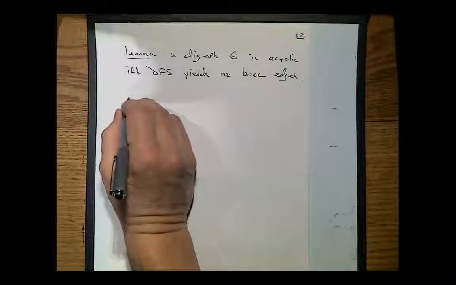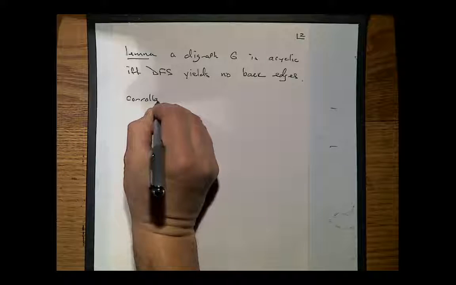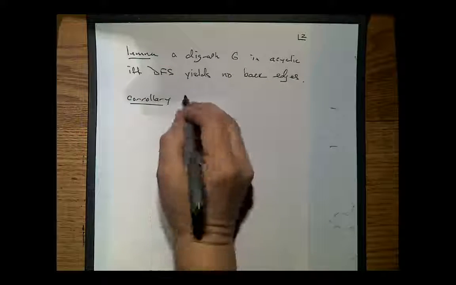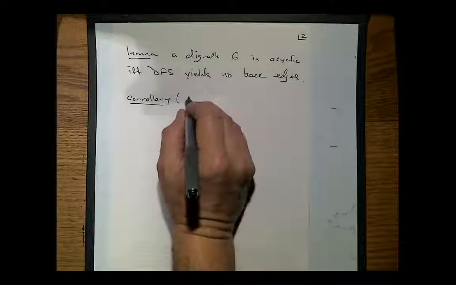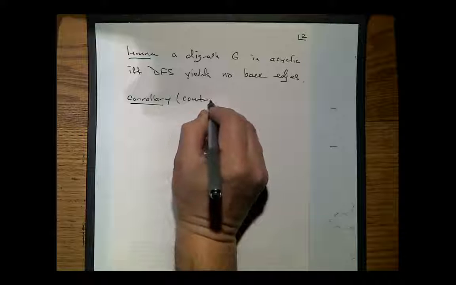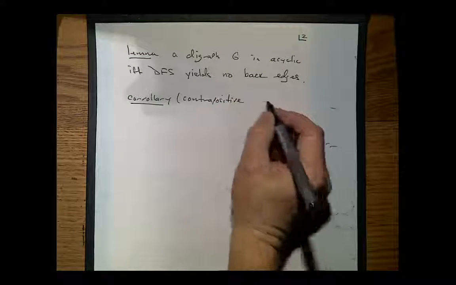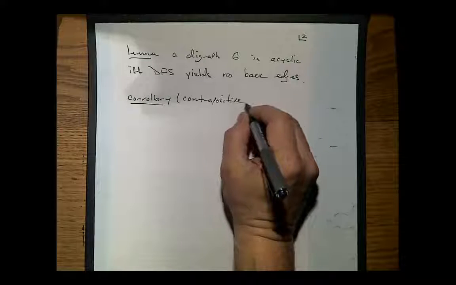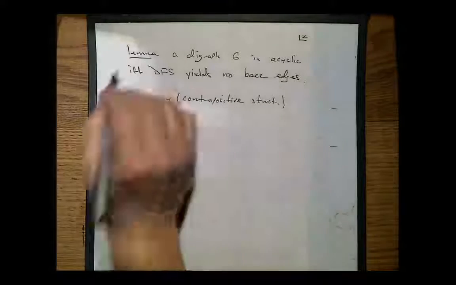Here's a corollary. Corollary means it's related. It's actually the contrapositive statement. So it's logically equivalent to the lemma.